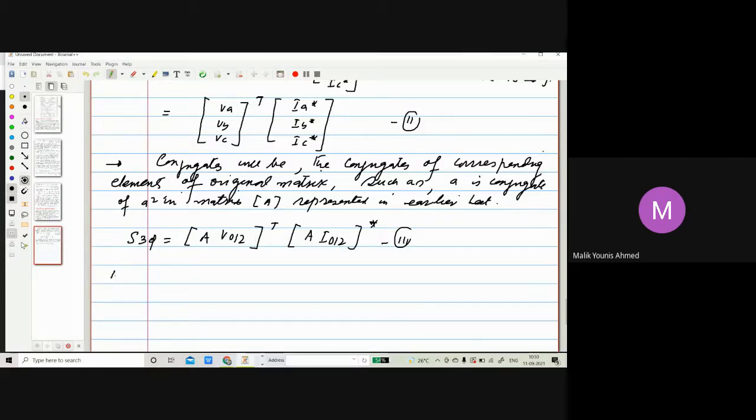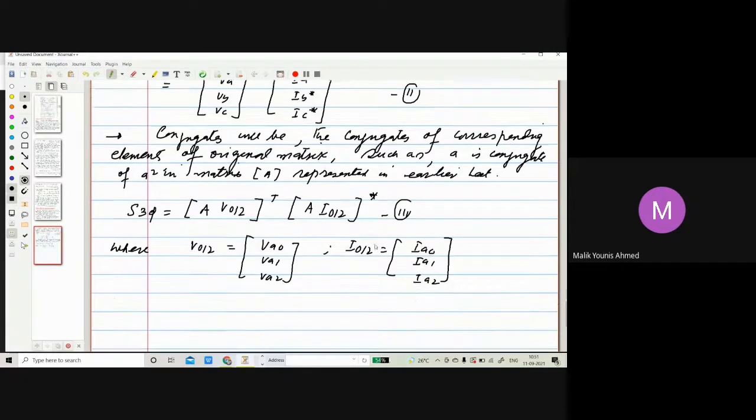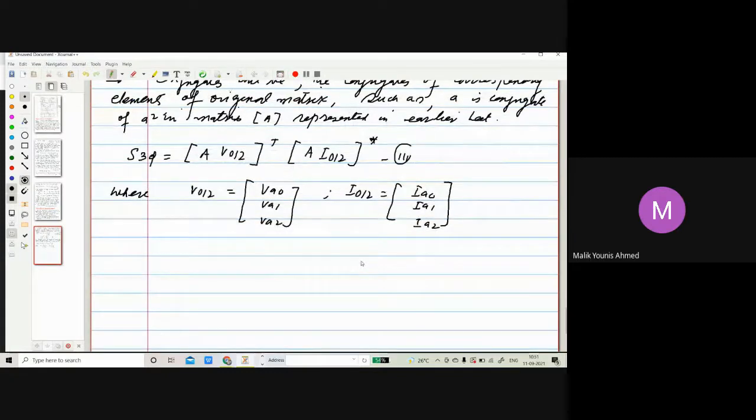So V012 will be equal to VA0, VA1 and VA2, and similarly I012 will be IA0, IA1, IA2. Okay, this is clear. It's nothing new in this case.